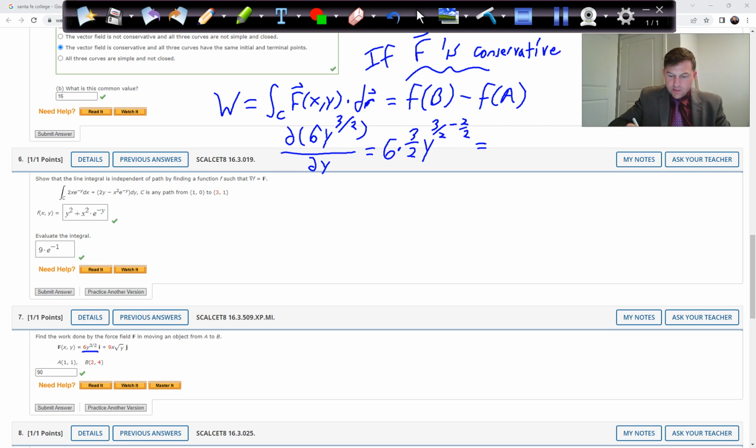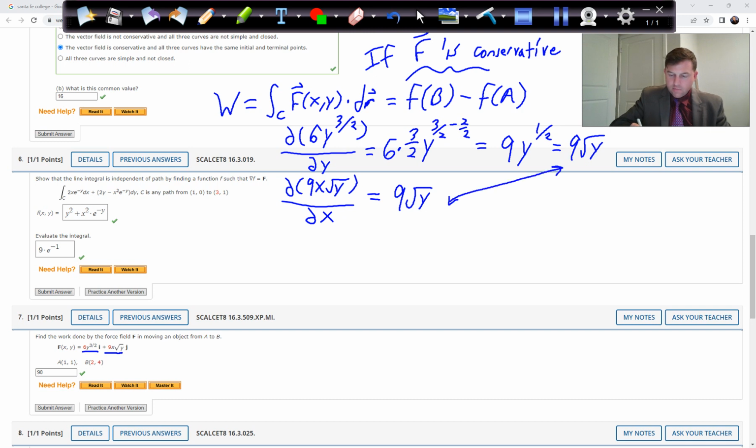And that's going to equal 18 over 2, 9y to the 1/2, which is the same as 9 square root y. Then we're going to check 9x square root y with respect to x. And that one's real easy. The x just goes away and we get 9 square root y. And these are the same.